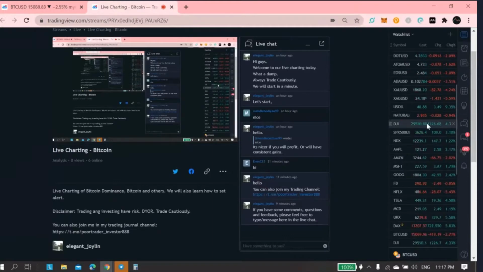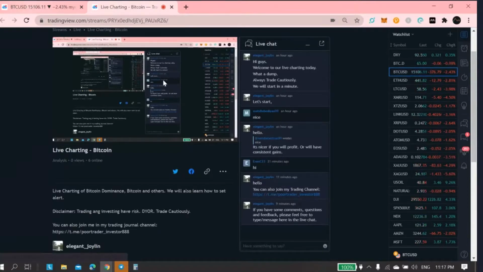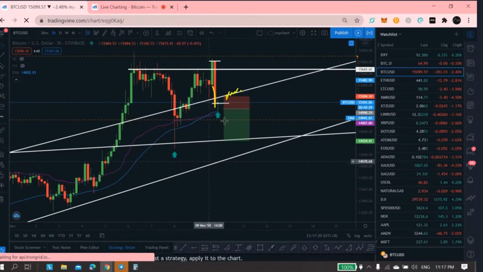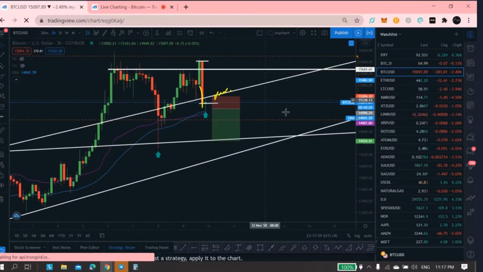Hopefully the bullishness of stocks will also go to cryptocurrency. Yeah, at least now at 15,105, which is now, just look at the chart. Yeah, see, it's holding. Seems like it will hold and possibly go back to an uptrend. Yeah, let's see.